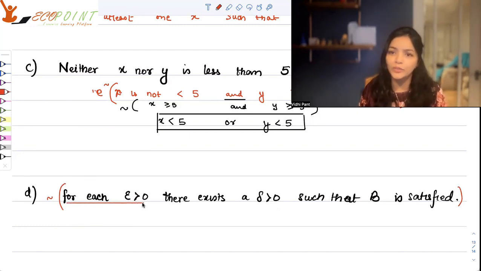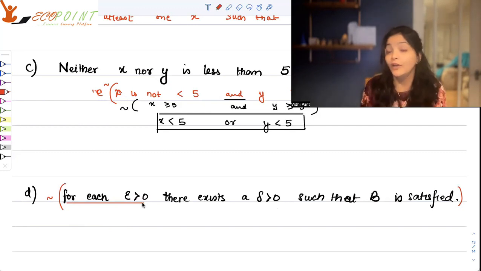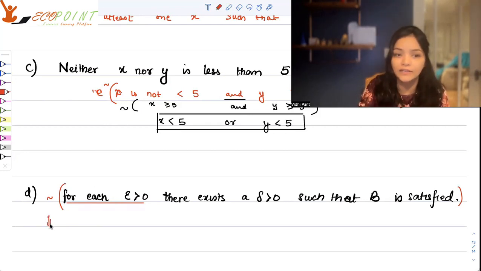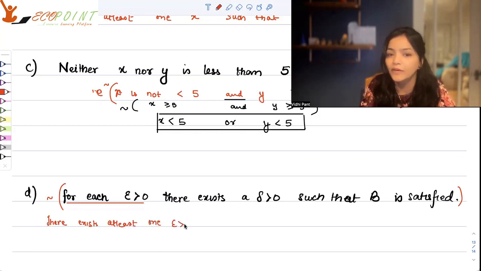So when I want to make it false, do I need to do it for every epsilon? No, even if it is not happening for one epsilon, then the statement will be false, right? So to counter it, I need at least one epsilon. There exists at least one epsilon greater than 0, because that's the domain of the statement.